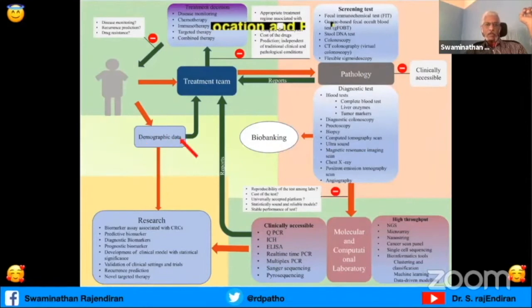And then demographic data and research are also done by pathology and clinicians. So all the inputs are put for the treatment team in selecting the treatment of the patient. Please remember, the patient is our boss. We have to treat him very well. You have to keep the boss happy and healthy, then only we can survive.